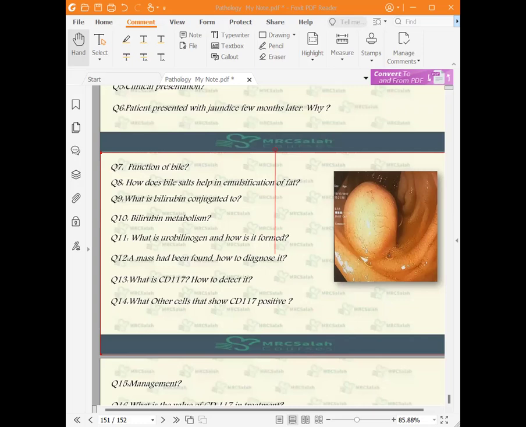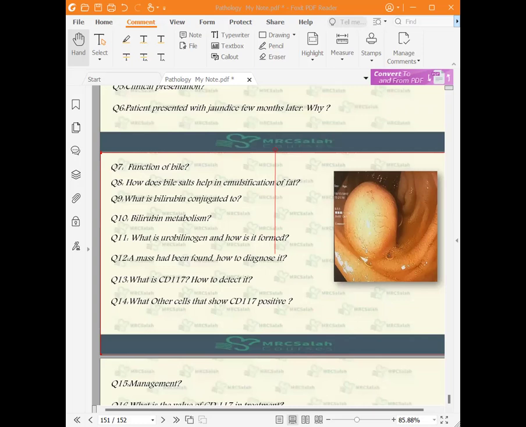From the reabsorbed urobilinogen, some part undergoes enterohepatic circulation, and the remaining part enters the kidney and is excreted through the urine, which forms the yellow color of the urine.